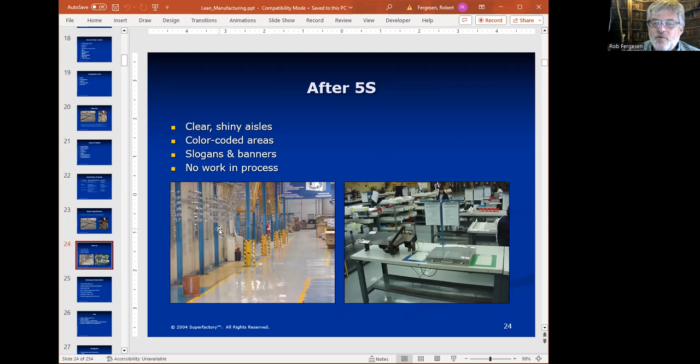Everything running through smoothly. I'm not sure how slogans and banners fit in, but that is often included in 5S. A clean factory that's well laid out does tend to make people happier.